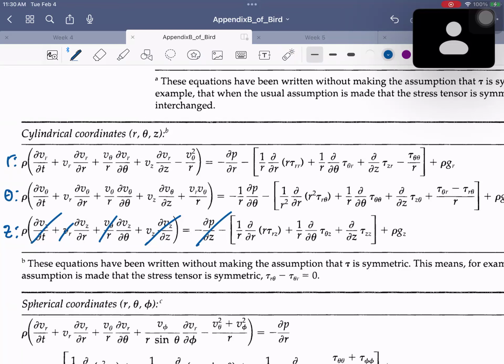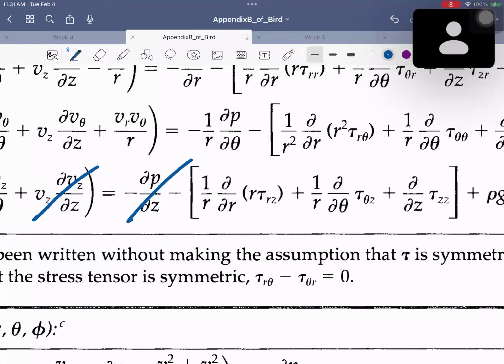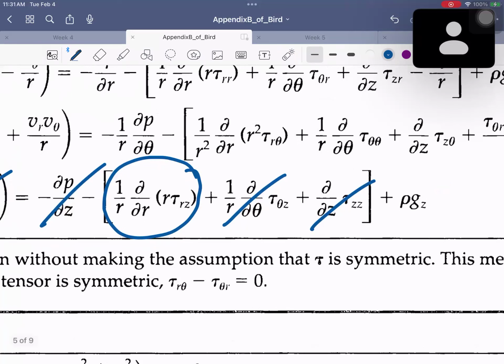Next one. Is this term 0? No, right? So we keep this one. Okay. I'm going to circle it. So these are all 0, right? Okay. What about the last term, rho gz? Do we have gravity?